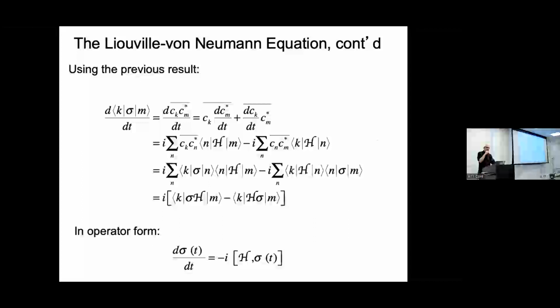So we'll need to find out, after we see how we solve the Liouville von Neumann equation for a time-independent Hamiltonian, what kind of transformation will take a time-dependent Hamiltonian to a time-independent Hamiltonian.